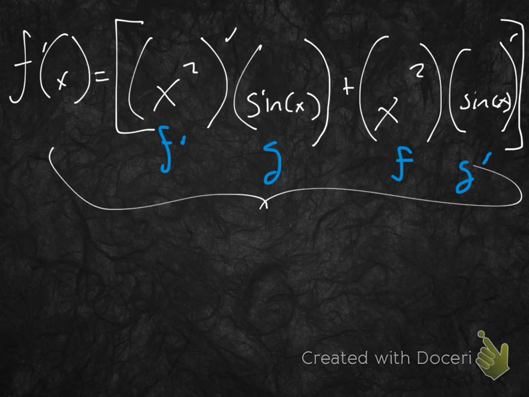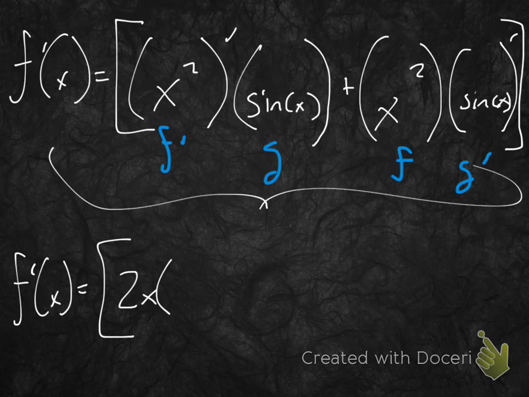So we have that f prime of x is going to be equal to, based on our formula, x squared prime times sine of x plus x squared times sine of x prime. Alright, not bad. So let's evaluate these things. Well, this is just 2x times sine x, because the derivative of x squared is 2x, using the power rule.